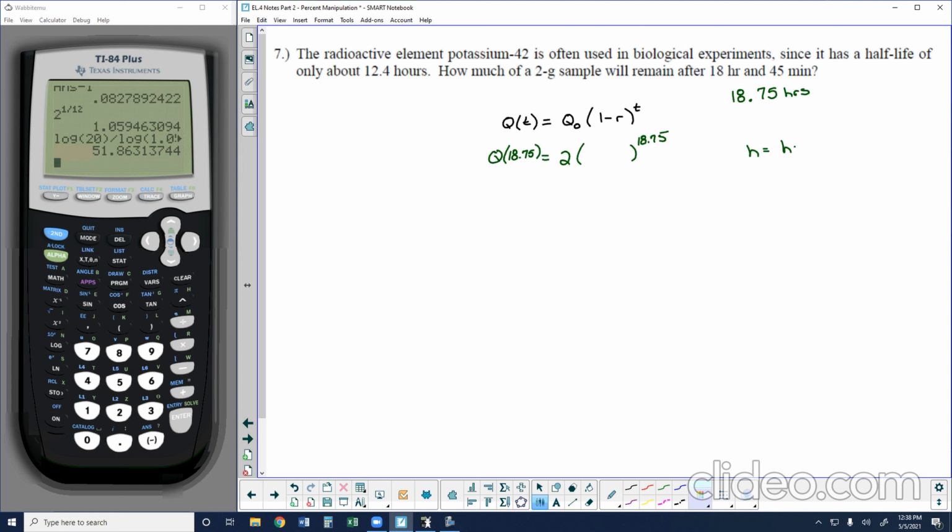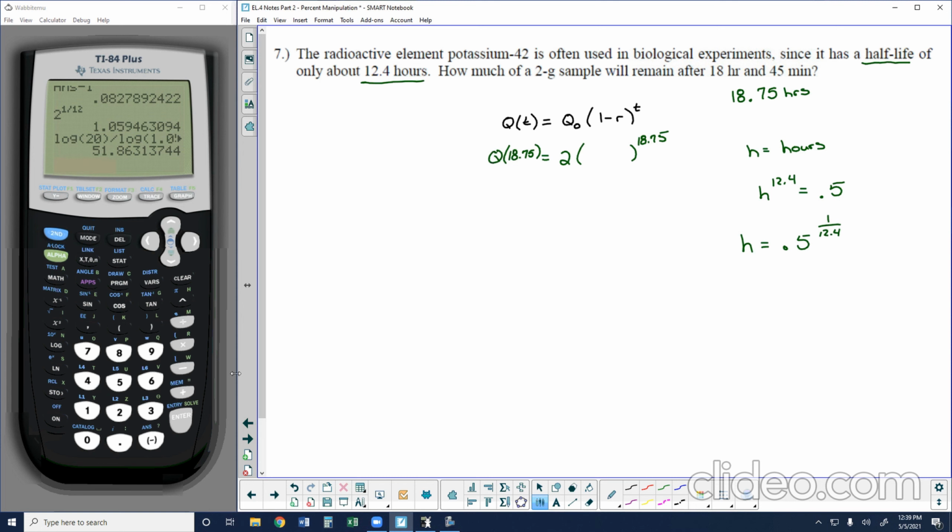And I know sometimes we don't like decimals in fractions. I believe our calculator will do that for us, but that would be the same as 10 over 124 or 5 over 62. But this can find the hourly growth rate. So this is 0.5 to the 1 divided by 12.4 power.